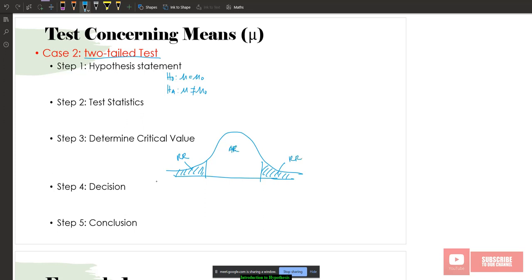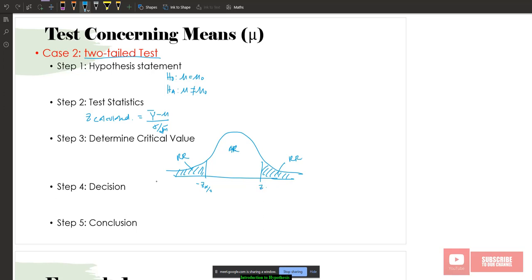For this example, let's say we use the Z distribution. This is going to be Z calculated, which should be y minus mu divided by sigma over square root of n. This value here should be Z alpha divided by 2.